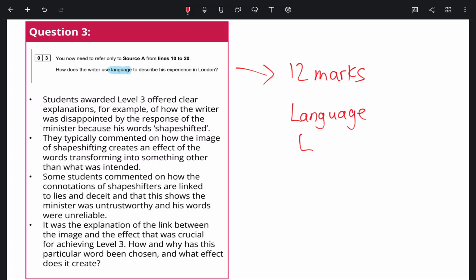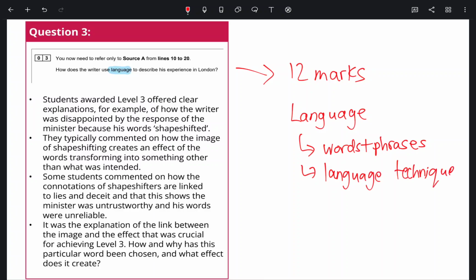It includes things like words and phrases, okay, so your adjectives, your verbs, your adverbs, your nouns, etc. It includes your language techniques. Remember, these are areas for you to explore as well. And possibly the last one is your sentence forms. So these are some areas for you to explore when analyzing language.